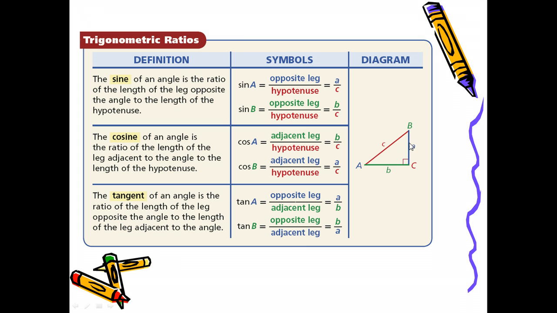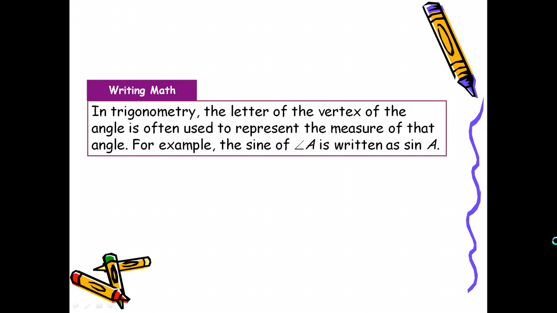For B, it would be B over A. For complementary angles, their tangents will be reciprocals of each other. In trigonometry, the letter of the vertex of the angle is often used to represent the measure of that angle. For example, the sine of angle A is written as sine A.